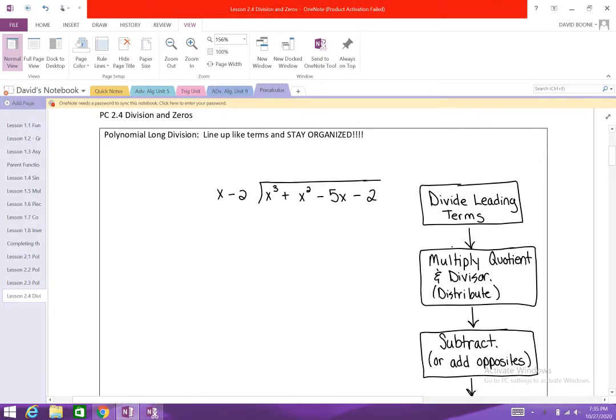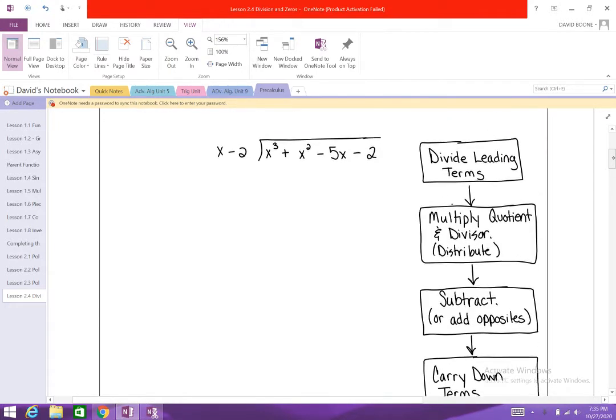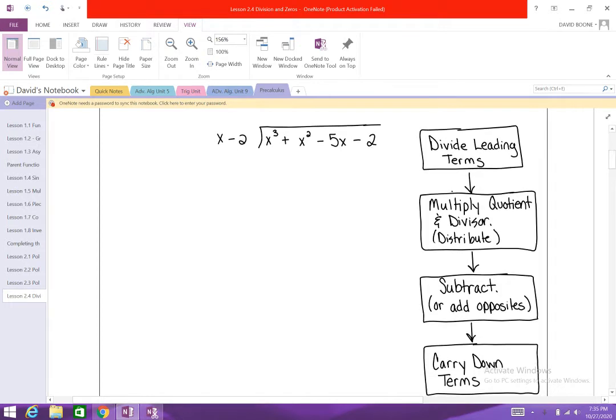Structure and organization is key to a lot of mathematics, but for this lesson, it's really, really key. So we're going to look back, some of you may remember long division from elementary school, and those skills are going to come into play with us in dividing polynomials, doing long division with polynomials.